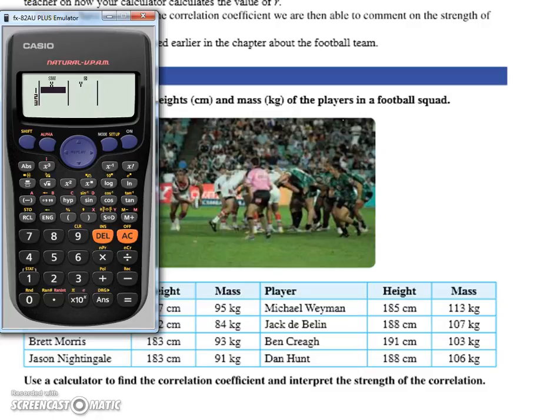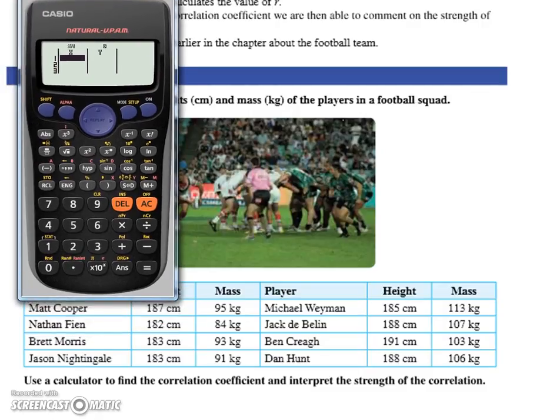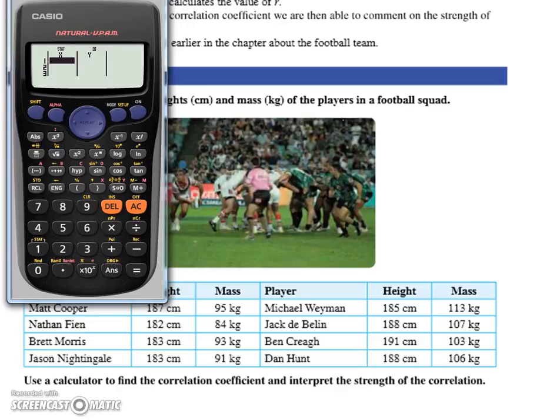Easiest way to now enter them is just to enter one column and then go back and enter the other one. So 187 equals, 182 equals, 183 equals, 183 equals, 185 equals, 188 equals, 191 equals, 188 equals. Okay, so I've entered all 8 of them. Just hit the down arrow and it takes you back to the top.